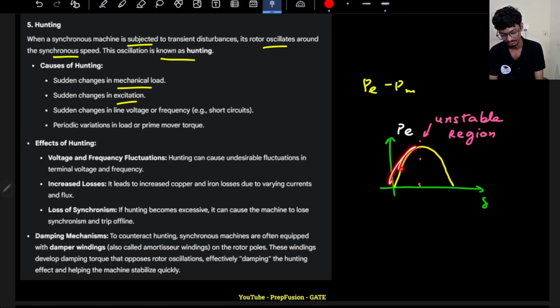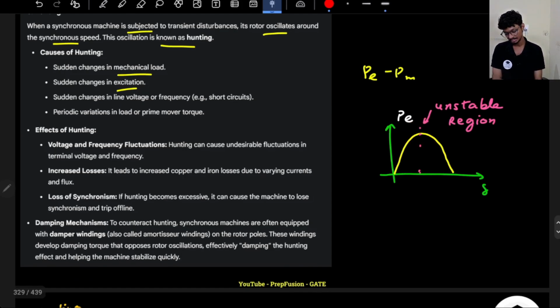If I'm here, then it is fine, it can oscillate, but this can cause loss of synchronism. So these are all the problems.